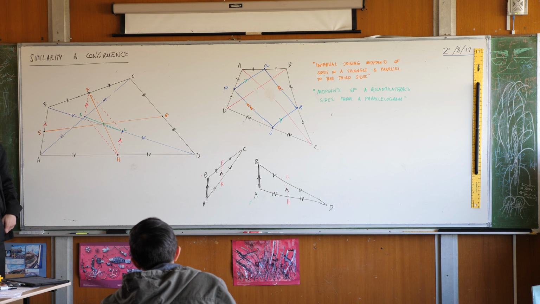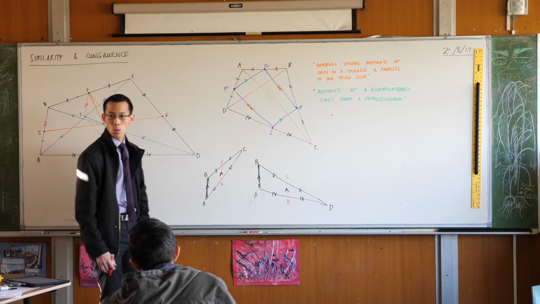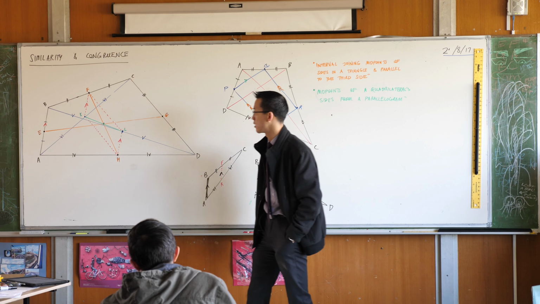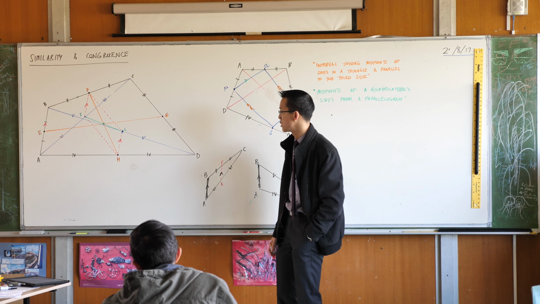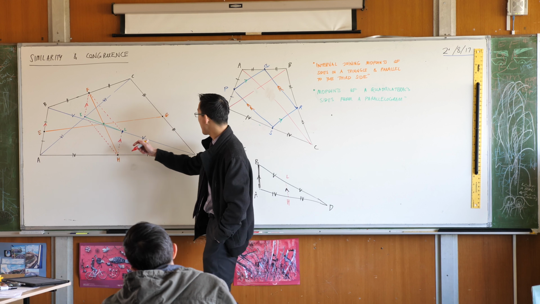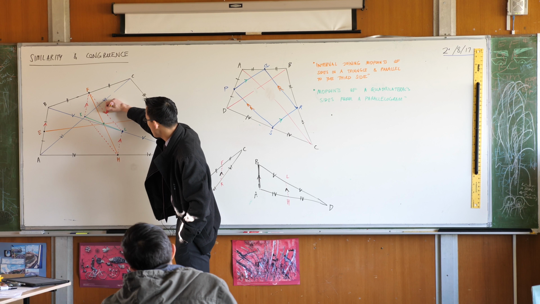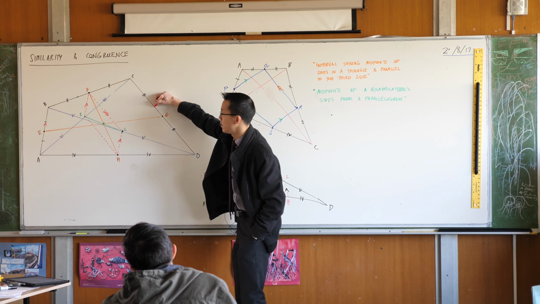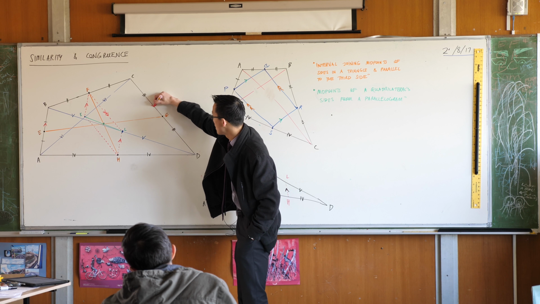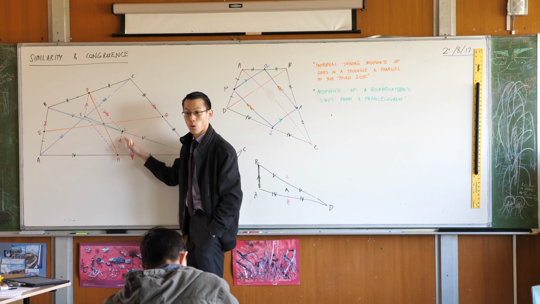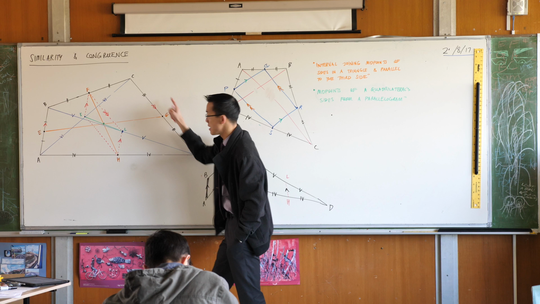Can you see the triangles that they live in? What triangle does FL live in that I can use this relationship with? Yeah, I can see it. BCD, it's that big one over there. So you can see that this side is going to be parallel over here. Do you see it? Because it's been formed by joining the midpoints of BCD.